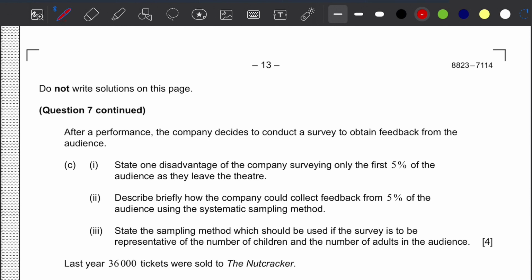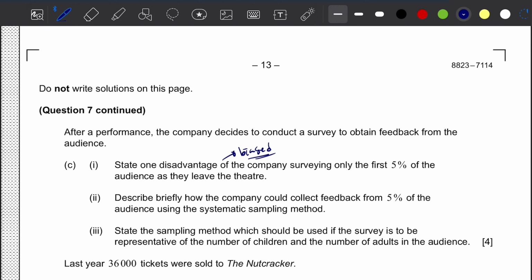Question CI. We need to state one disadvantage of the company surveying only the first 5% of the audience as they leave the theater. This method is disadvantageous because it is a biased sample. The survey is not based on the whole audience.